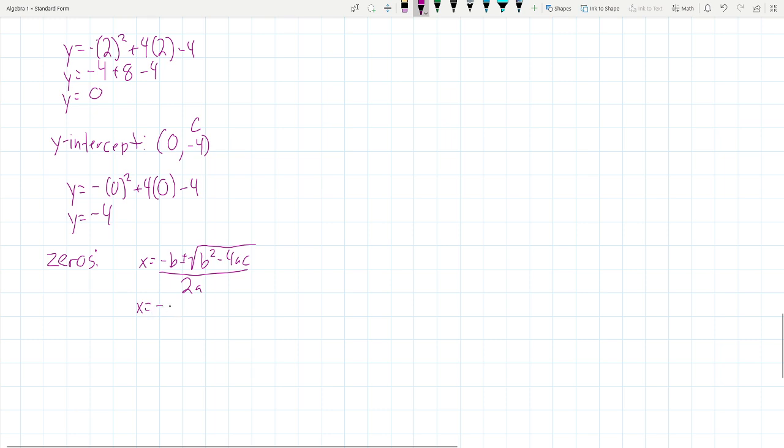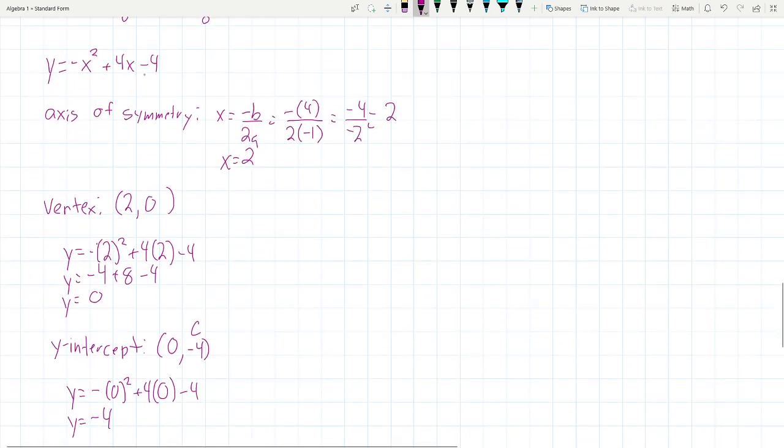And what we do is we plug in our a, b, and c values. So my b is positive 4 plus or minus the square root. b squared is 4 squared minus 4. My a is negative 1 because it has that negative out front, times negative 4, because my c value is that negative 4 right here.